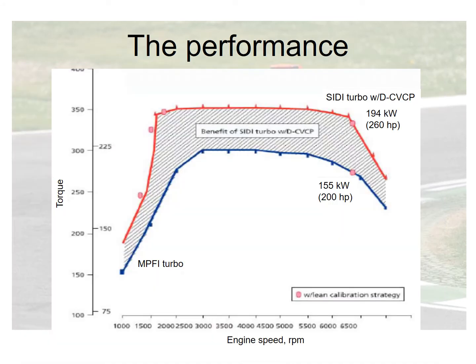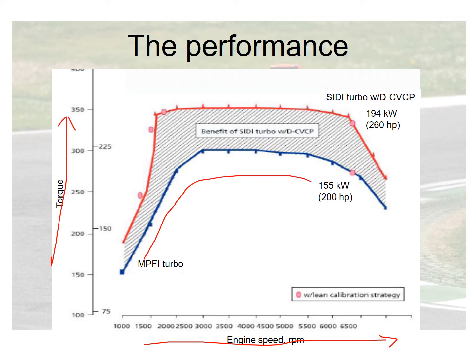Okay, so if you see the performance, this is just an example. When we see the torque versus engine speed graph, without turbo, we have this, the blue color graph, which is only 155 kilowatt or 200 horsepower, but using the SDI direct injection turbo, we can have more power.